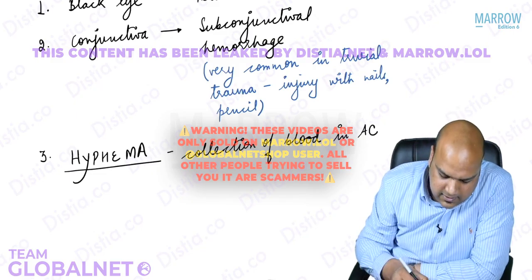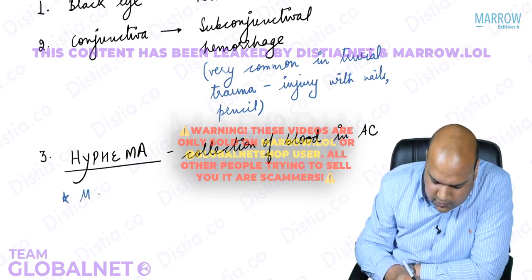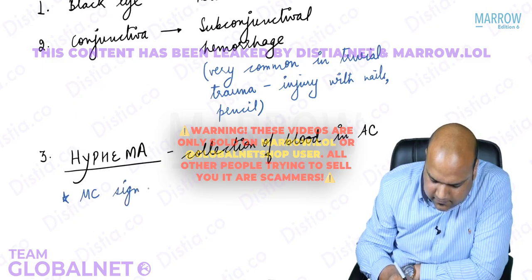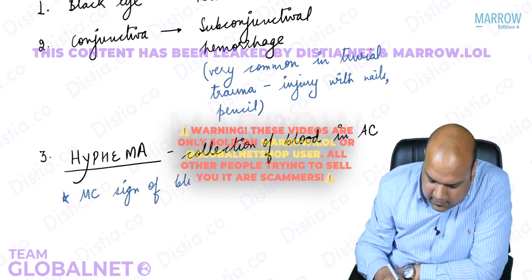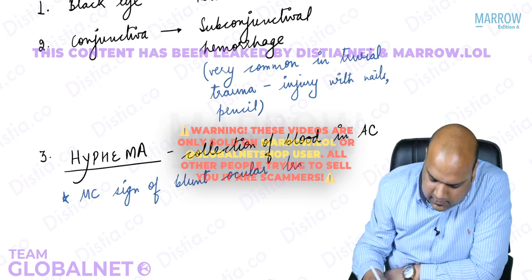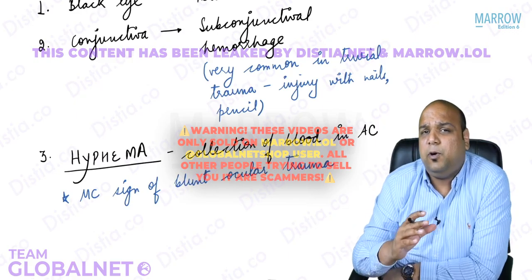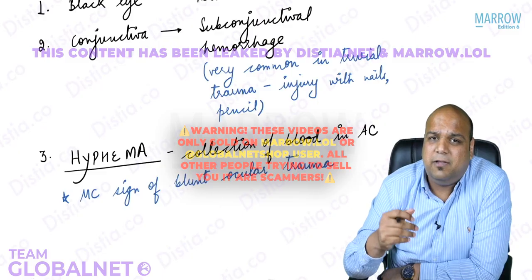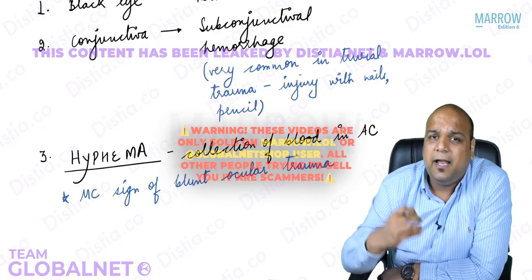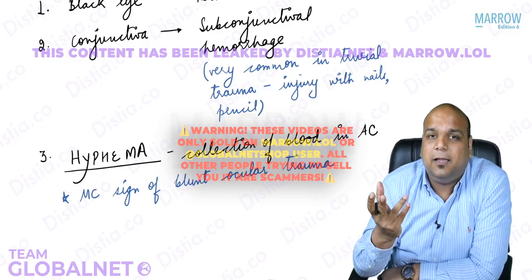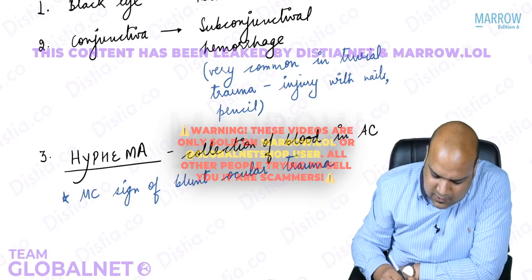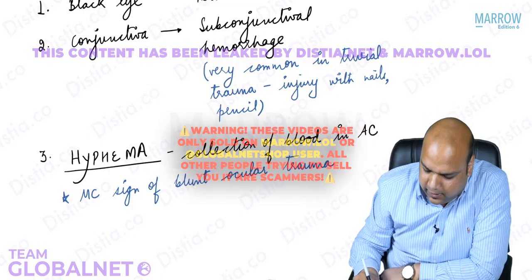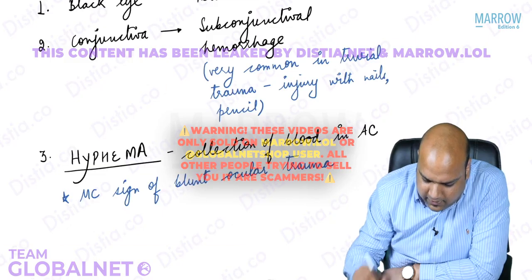Please remember, this is the most common sign of blunt ocular trauma. We are excluding the trivial trauma from this. We are talking about blunt trauma. As I said, the causes are fist injury, or an injury with a tennis ball or champagne cork or something like that. Something with force. We are not talking about just a casual touch. So, most common sign of blunt ocular trauma. Now, let's see the photograph.